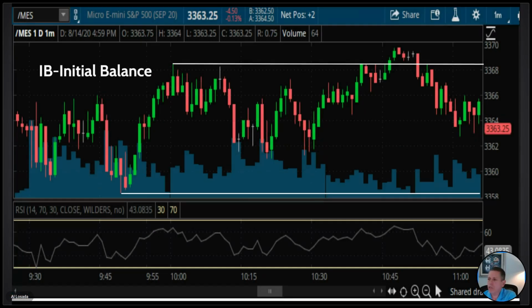All right, there's other ways of trading these as well. This is called the initial balance, and typically the initial balance is between 9:30 to 10:30. So as the market moves up and down, right, you want to wait for an hour, and then it basically slows down.